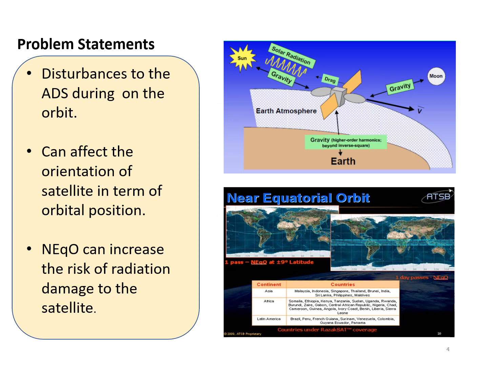Problem statement. When a satellite enters orbit, there are many disturbances such as solar radiation, gravity, and albedo phenomena that can affect the orientation of the satellite in terms of orbital position. Especially in the near equatorial orbit, and of course Malaysia is in the near equatorial orbit, which can increase the risk of radiation damage to the satellite.